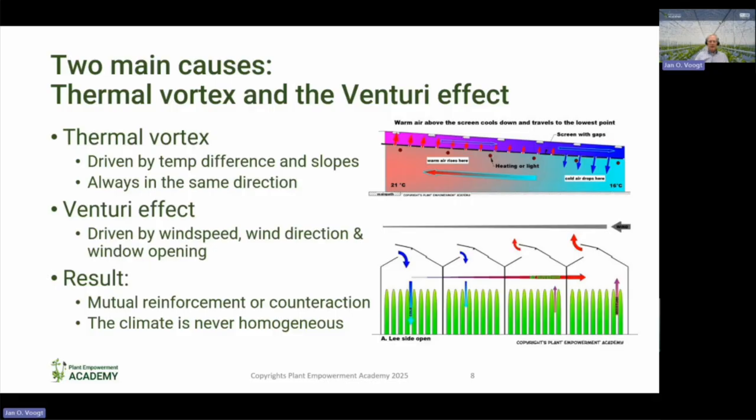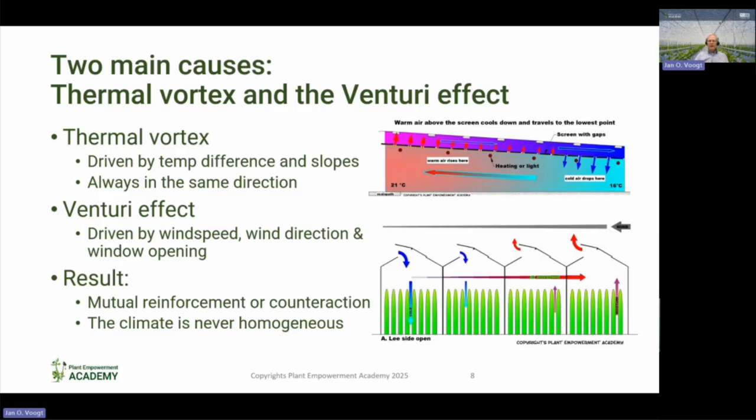And on the left side of the greenhouse, where the wind speed has slowed down, the dynamic pressure is lower and the static pressure is less lower than in the greenhouse.